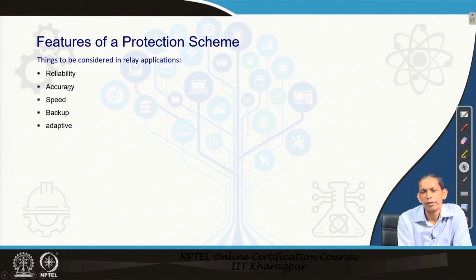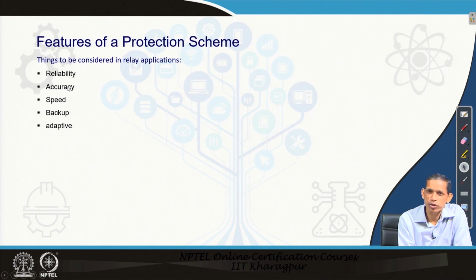It should be accurate. Say a protection scheme for one line takes a decision for a fault in another line. That is a malfunction situation, an inaccurate or improper decision. So, that is undesirable.